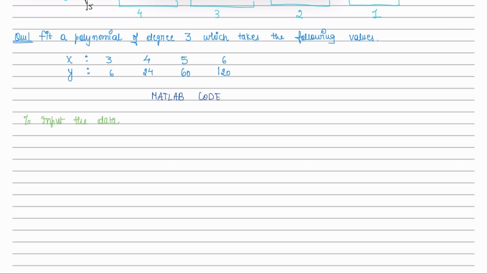Starting the MATLAB code, using the variable x underscore values to enter x values in the form of vector, and using the variable name y underscore values to take the input from the user as a vector.